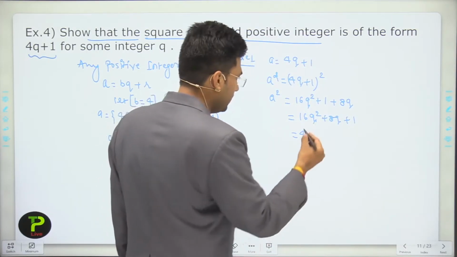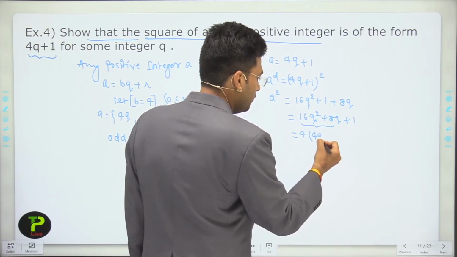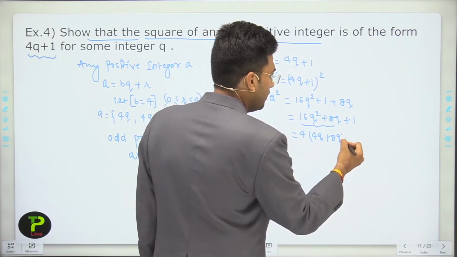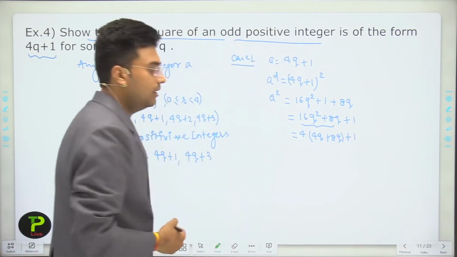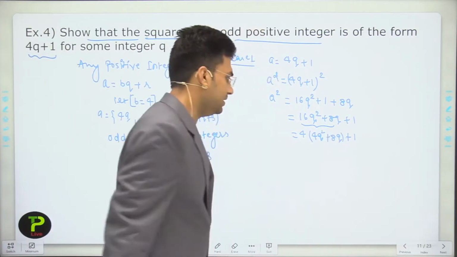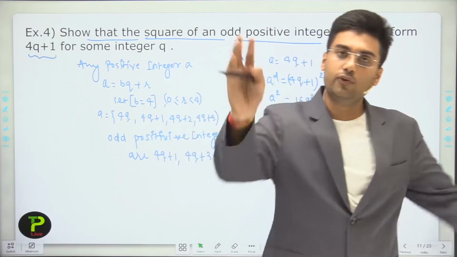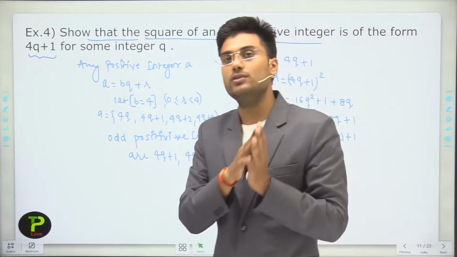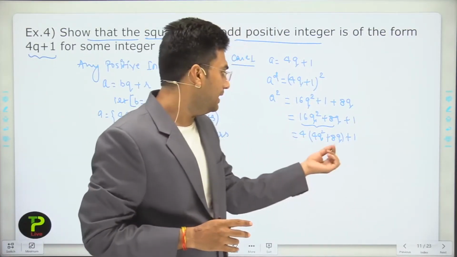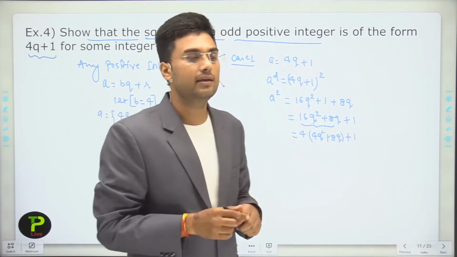Taking 4 as a common factor from these two terms, we get 4q² plus 8q, plus 1. Now we know that q is an integer. If q is an integer, then q² is also an integer, 4q² is also an integer, and 8q is also an integer, and when we add two integers, we again get an integer.